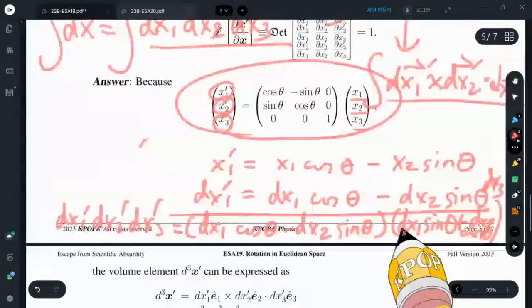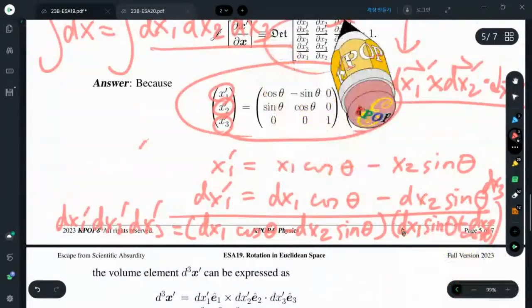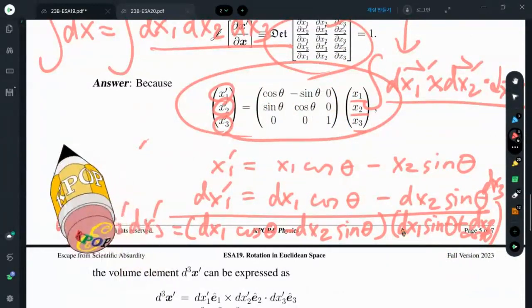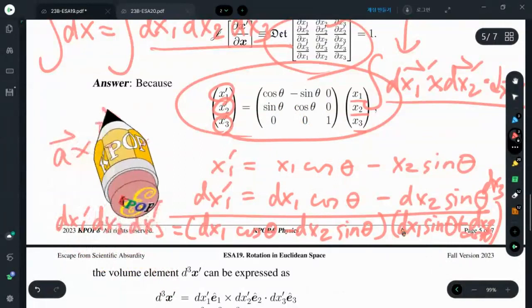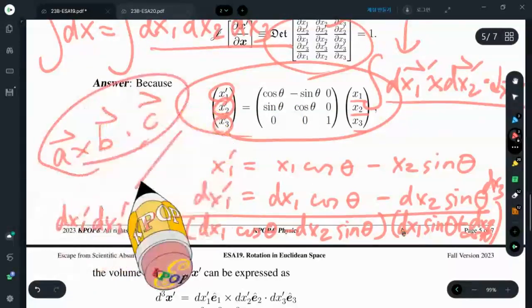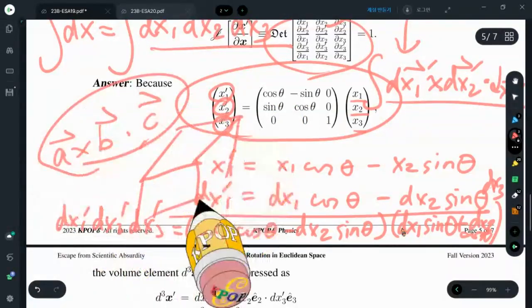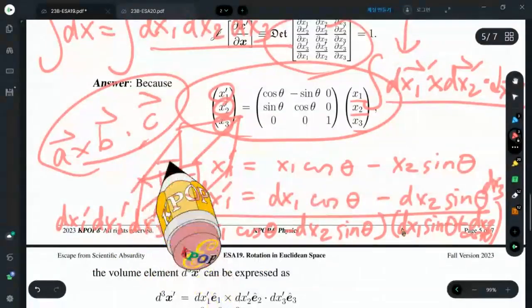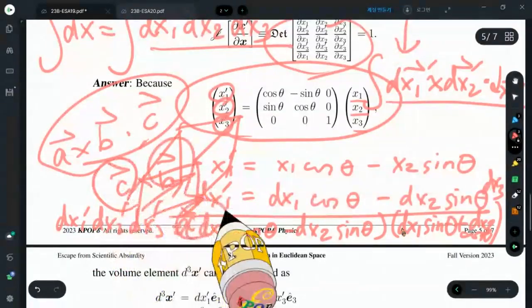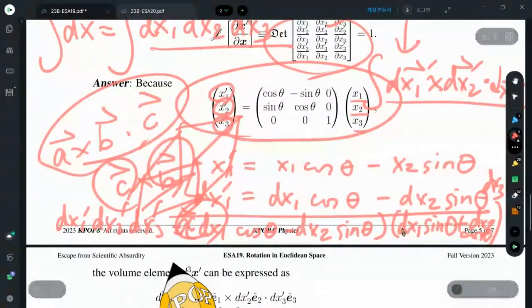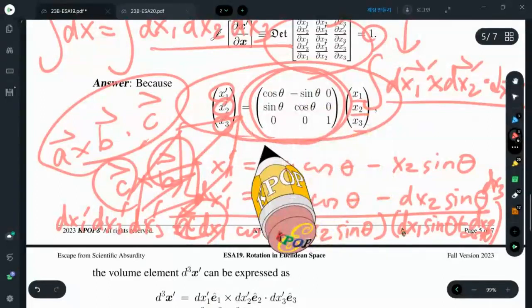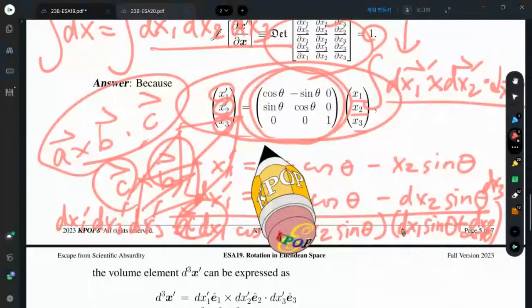But a simple way to compute this volume is nothing but the determinant. Why? A cross B dot C is the volume of a parallelepiped spanned by three side vectors A, B, and C. That is why. What you have done is the determinant already.